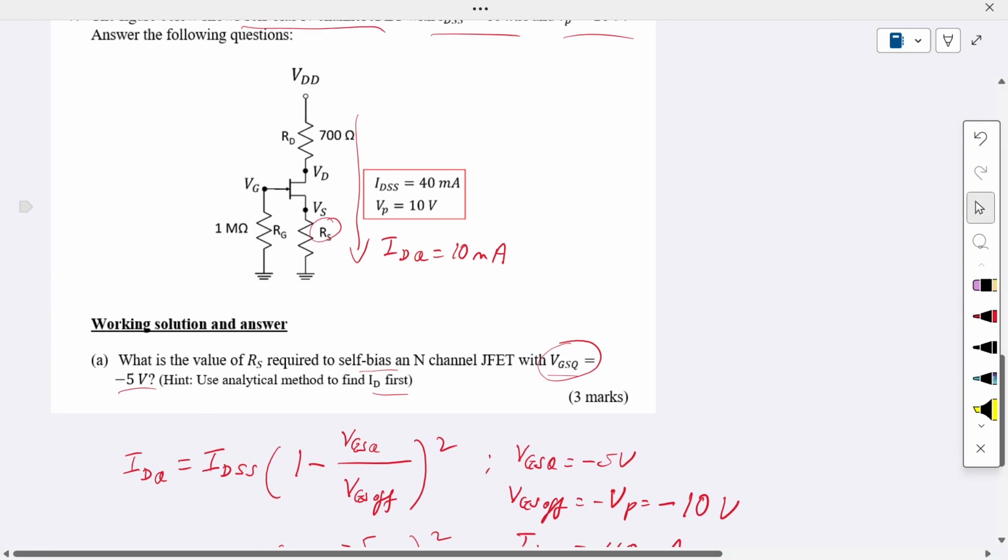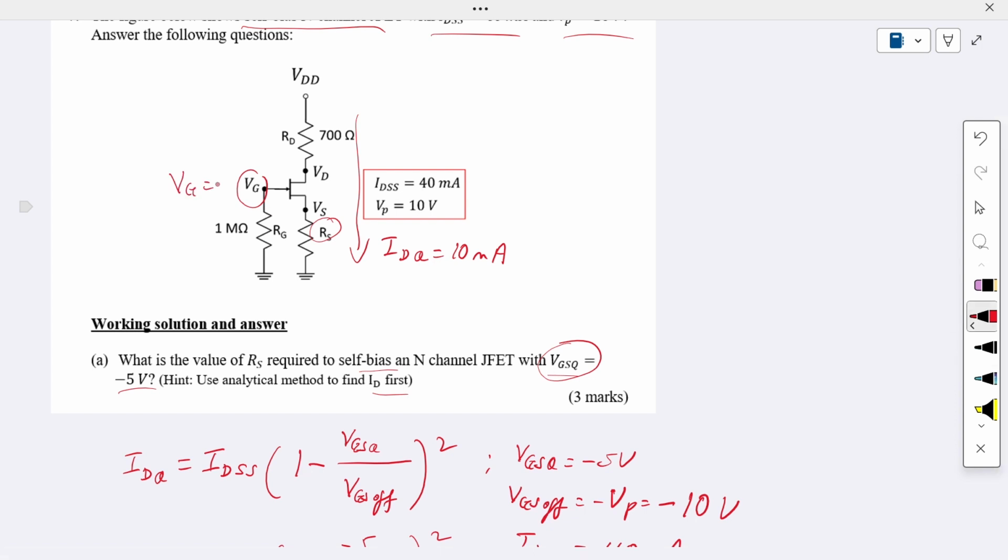Okay, now in that case, what is the VG? This VG is directly connected to the ground, so it is equal to 0 volt. And what is the Vx? Vx is equal to IDQ times RS, right? We know the IDQ is 10 milliampere, but we don't know RS. To find RS, we need to know the Vx.